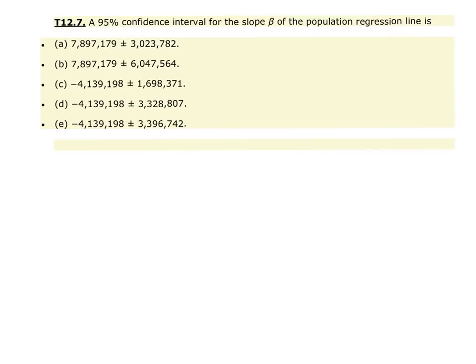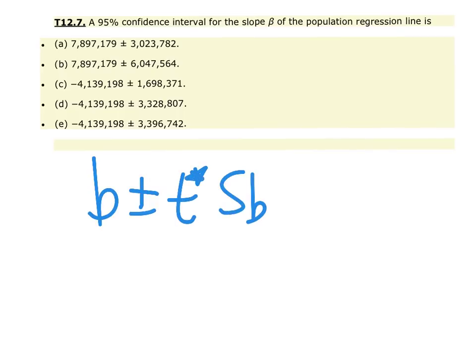Number 7, a 95% confidence interval for the slope of the regression line is what? Well, if you look back at the output, you can actually write this. Remember, the formula for the confidence interval is the statistic b plus or minus the t critical value times the standard error of the slope. When we take a look at the output, we know that the slope is negative 4139198.